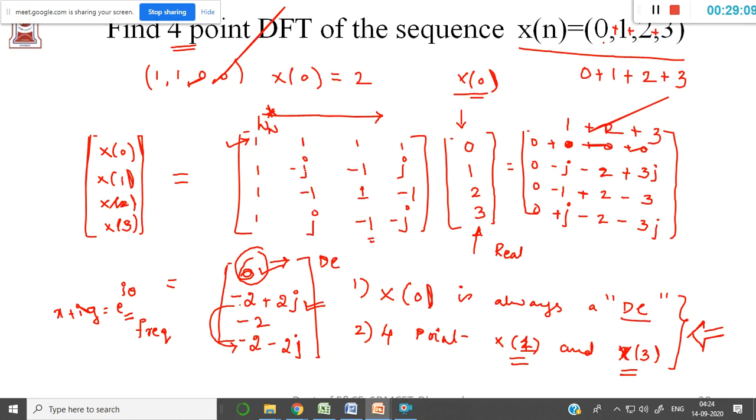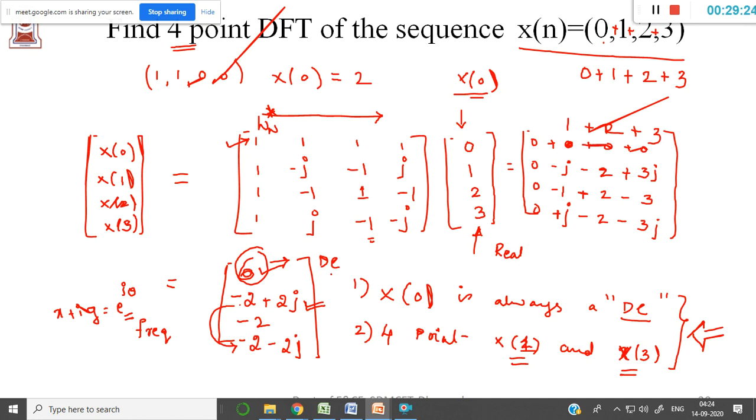The rest of the values remain the same. Wherever j occurs, you replace j by minus j, and wherever minus j occurs, you replace it by plus j. That's it. Is that clear?